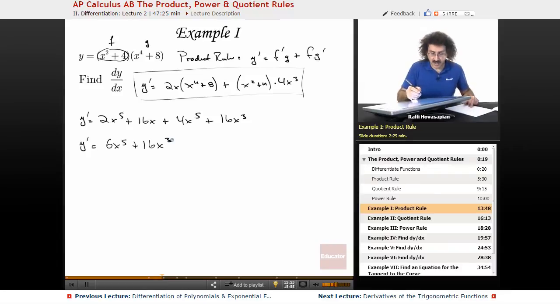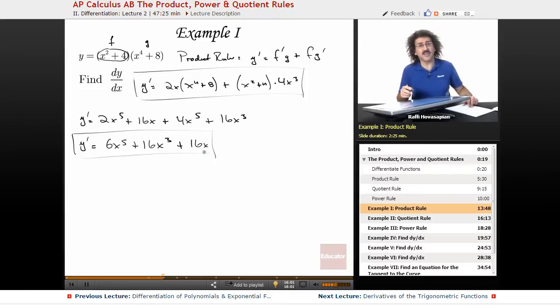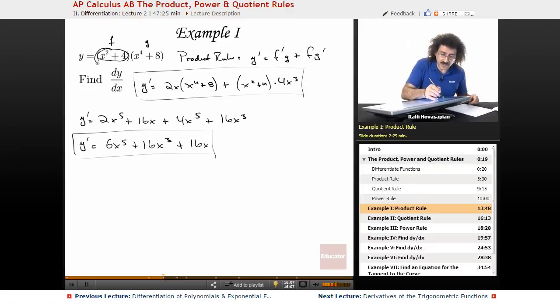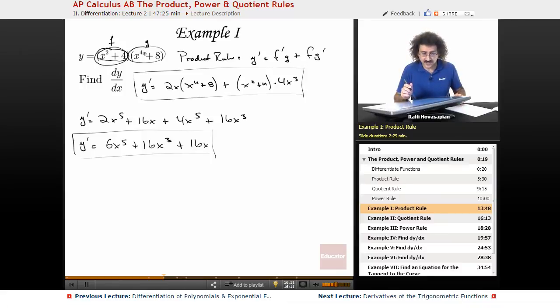I'll do it in descending powers of x, plus 16x. There you go. That's it. Nice and simple. Product rule. f prime times g plus f times g prime. All you have to do is recognize what the f and the g are. That's going to be your only task.